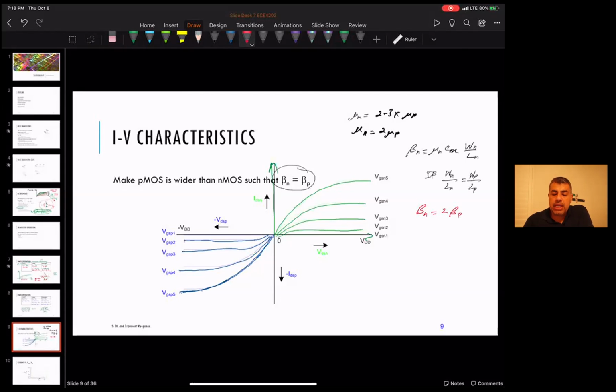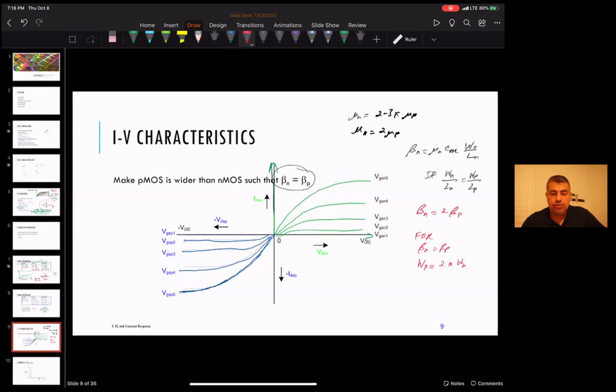The other way to look at it is, if you want them to have the same current for the same voltage, you would make the width of the P twice as wide as the width of the N. So for beta n equal to beta p, width of p is 2 times width of n.